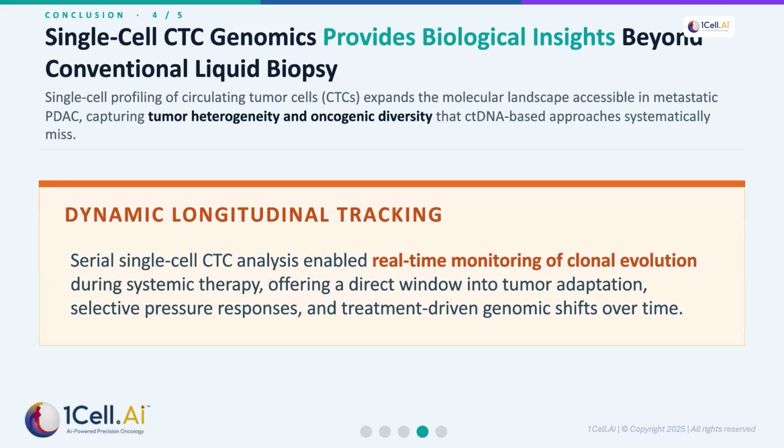Looking at both ctDNA and CTCs, it enables dynamic longitudinal tracking. Serial single-cell CTC analysis enables real-time monitoring of clonal evolution during therapy, and it offers a direct window into tumor adaptation, selective pressure responses, and treatment-driven genomic shifts over time.